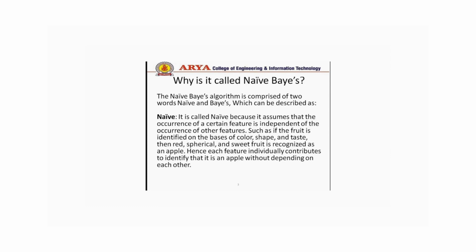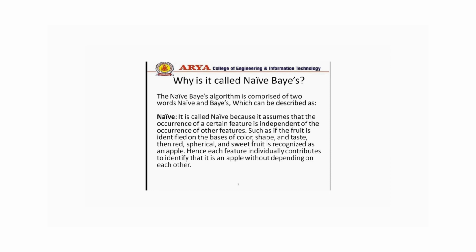We find the relationship between the features, and each is independent of the other features. Such as, if a fruit is identified on the basis of color, shape, and taste, then a red, spherical, and sweet fruit is recognized as an apple. Hence, each feature individually contributes to identify that it is an apple without depending on each other.